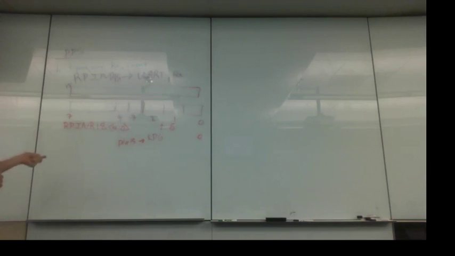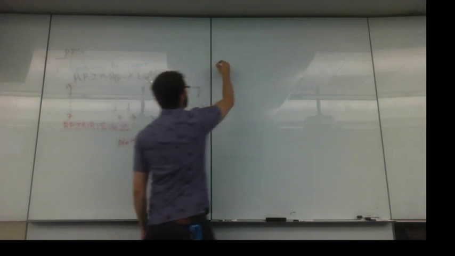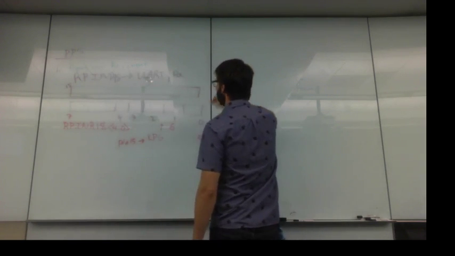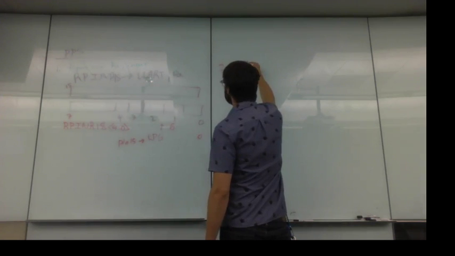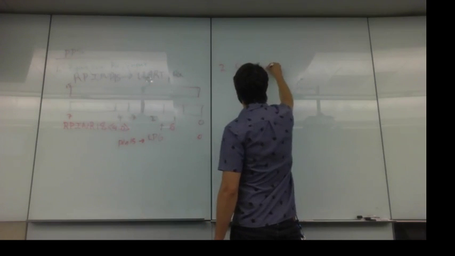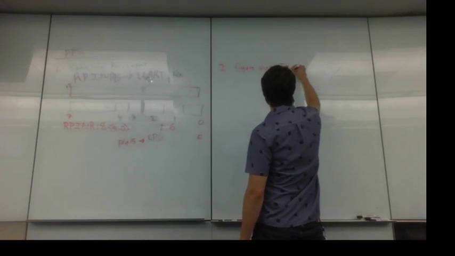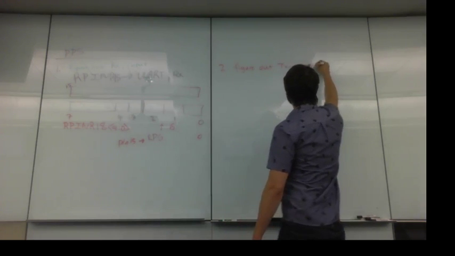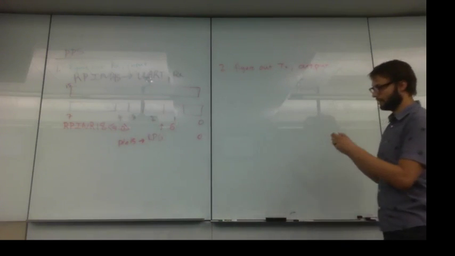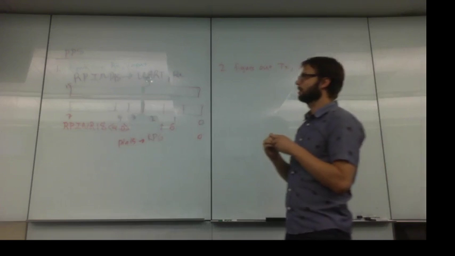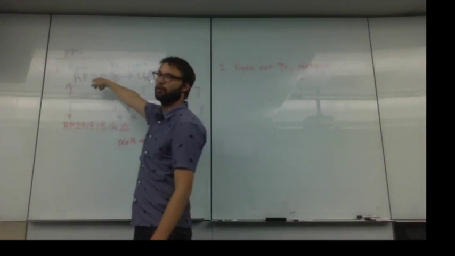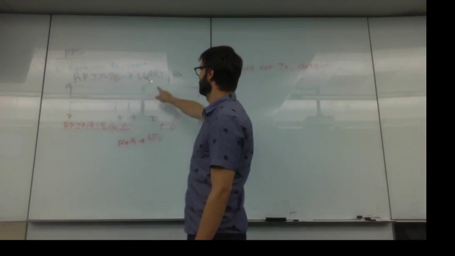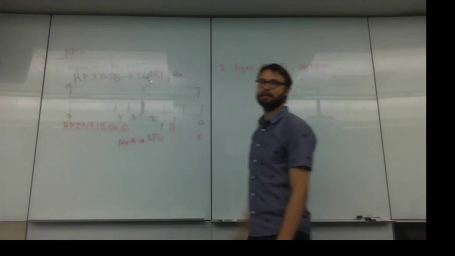So that's the input. Now for outputs, again, figure out TX, that's output. It would be nice if there was like an RPOR, like an output register, that's associated with the UART TX, right?